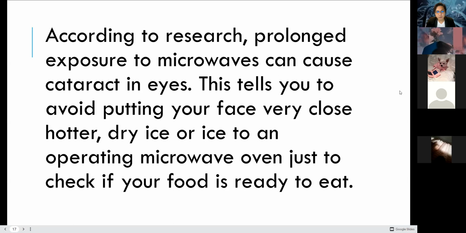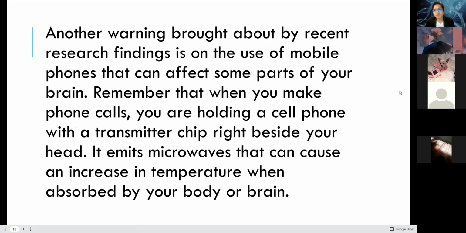Right. So if you're going to check your food in a microwave, do not put your face near the microwave oven, because it can actually cause cataracts. Another warning brought about by recent research findings is in the use of mobile phones, which can affect some parts of your brain.